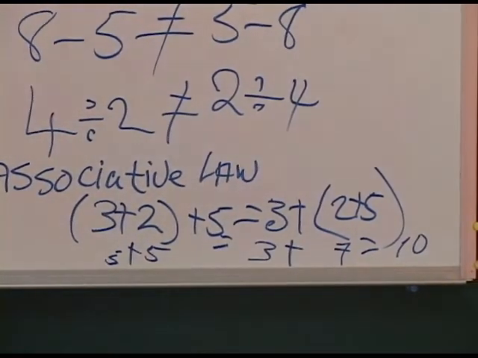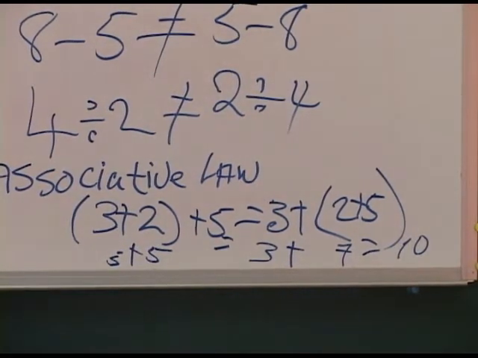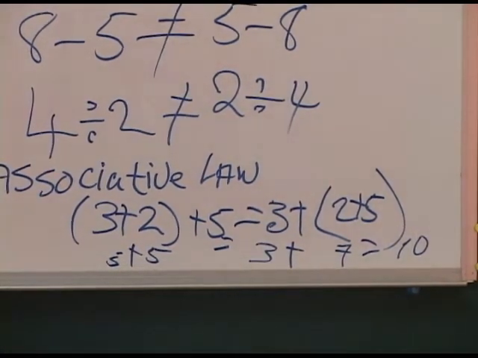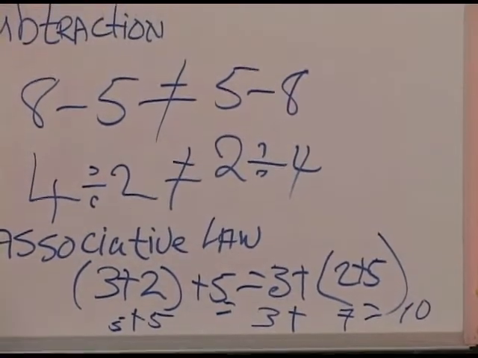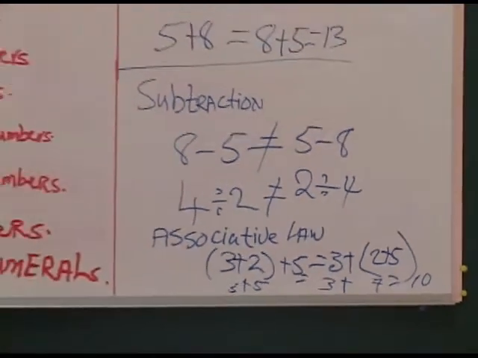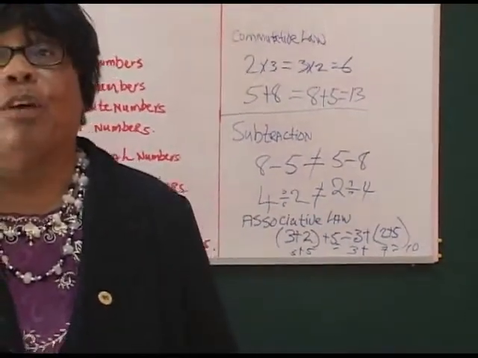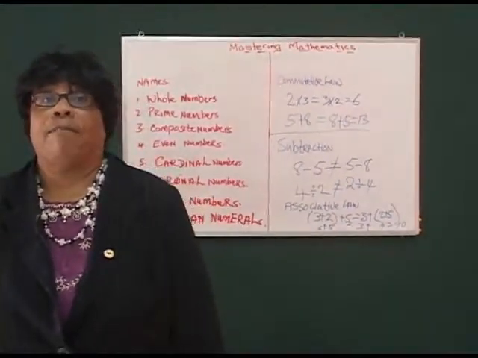So the way in which we group numbers in 2's does not affect the sum. It works also for multiplication, and says the way in which we multiply numbers in groups of 2's does not affect the product.